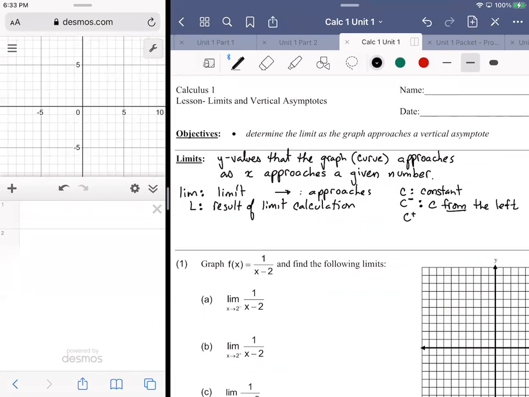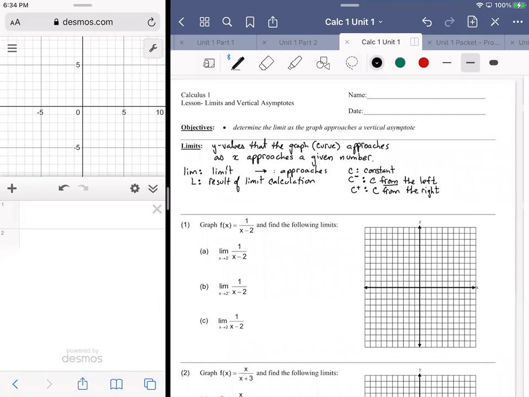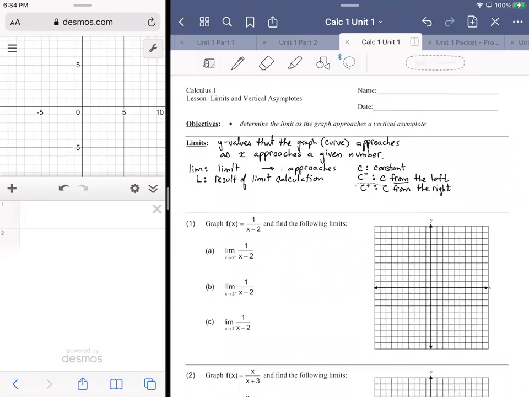C with a plus after it means C from the right. Now, these are just symbols and terms. They don't mean anything yet because I haven't actually given you any rules, but this is just getting you up to speed on the language that we're going to be using here, the vocabulary and all that good stuff.